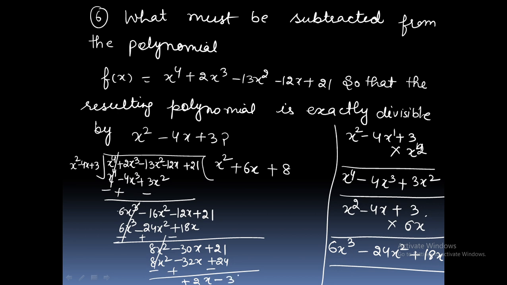This is your remainder, and this is your quotient value. You can see here the remainder value is 2x minus 3. You can write that 2x minus 3 should be subtracted from x raised to power 4 plus 2x raised to power 3 minus 13x raised to power 2 minus 12x plus 21.